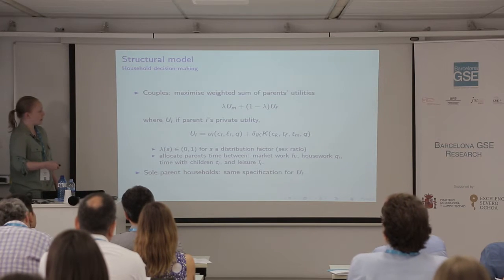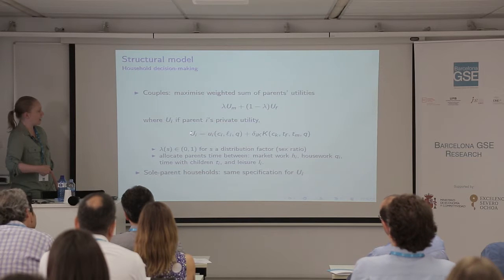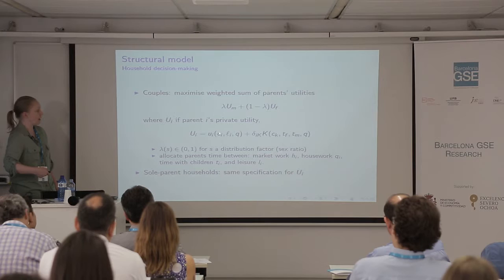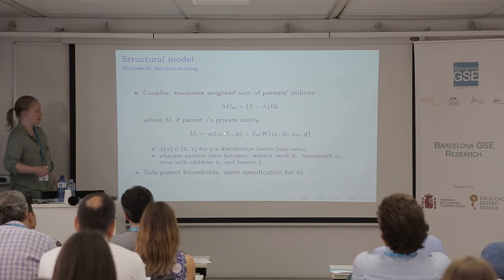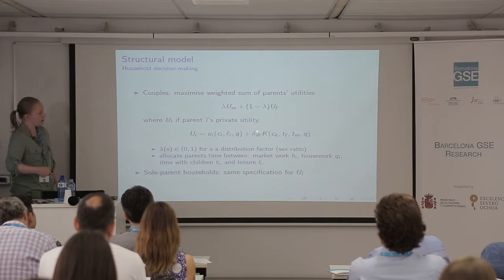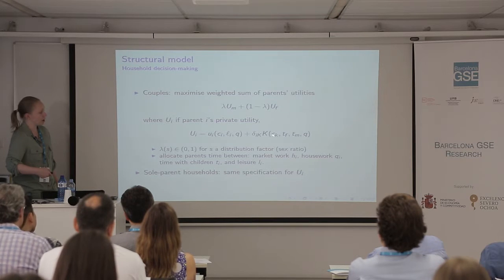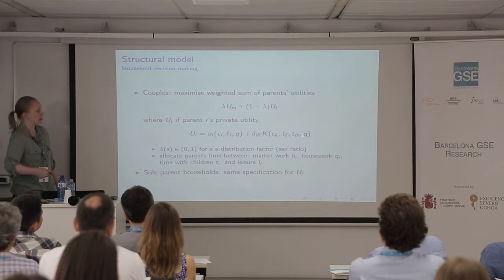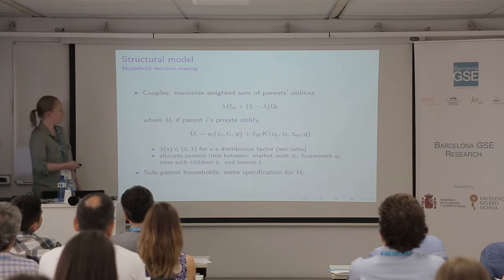For each parent, their utility is simply a weighted sum of their own private utility, which is a function of their private consumption, their leisure, and the public good, and also a constant multiplied by what I call the child utility function, which is a function of the child's private consumption, time with each parent, and the quantity of the public good.